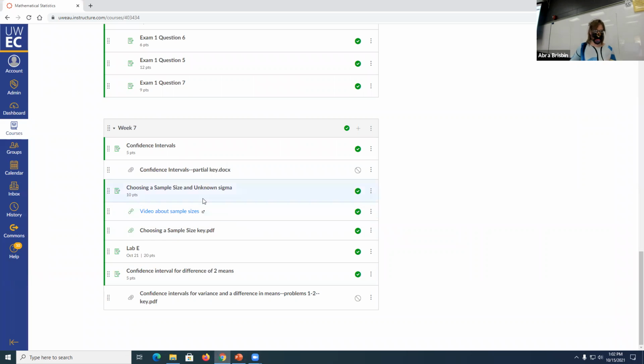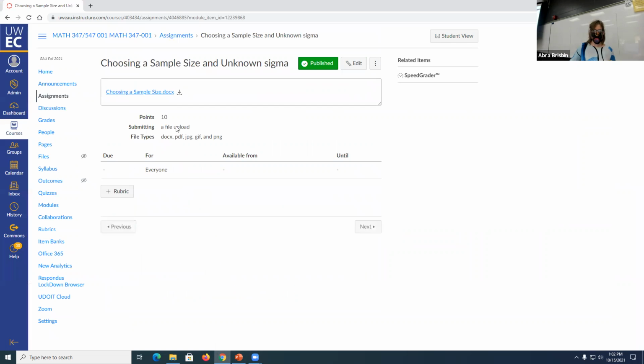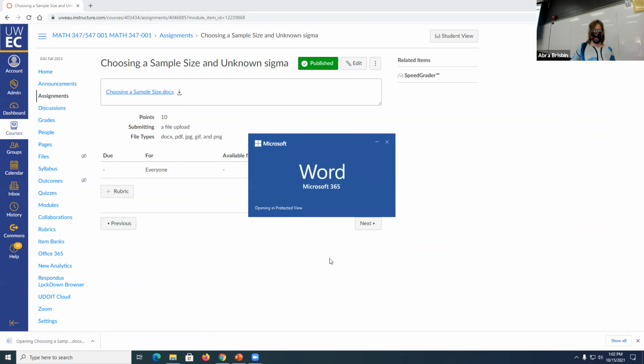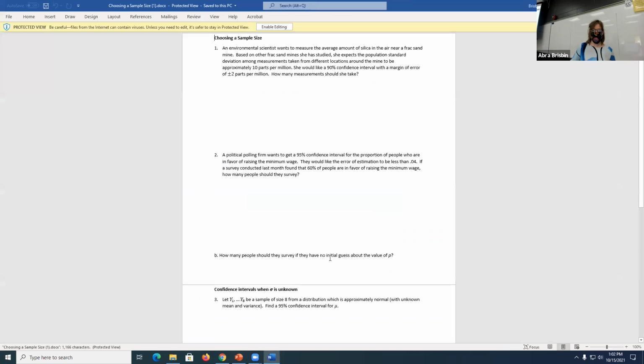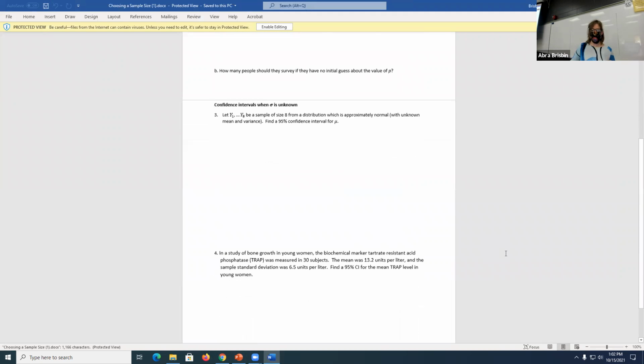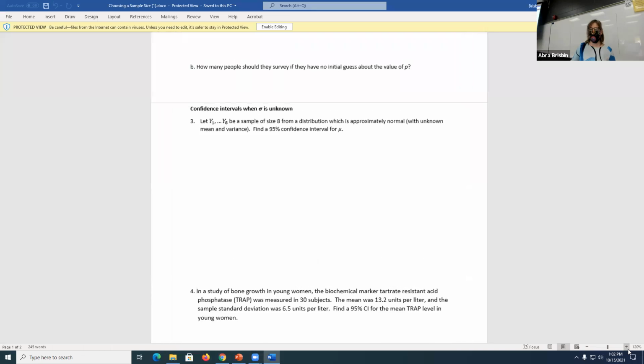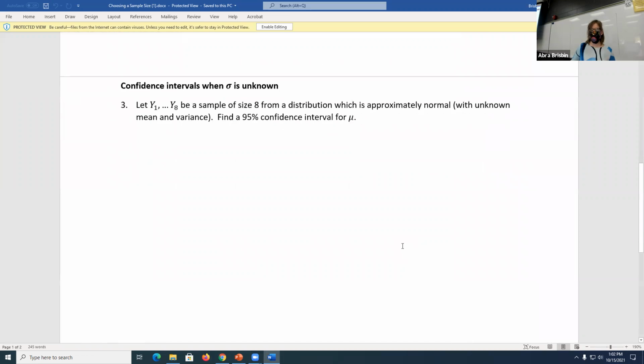And for folks online, this is the choosing a sample size and unknown sigma activity. Looking at problems 3 and 4, go ahead and try problem 3.